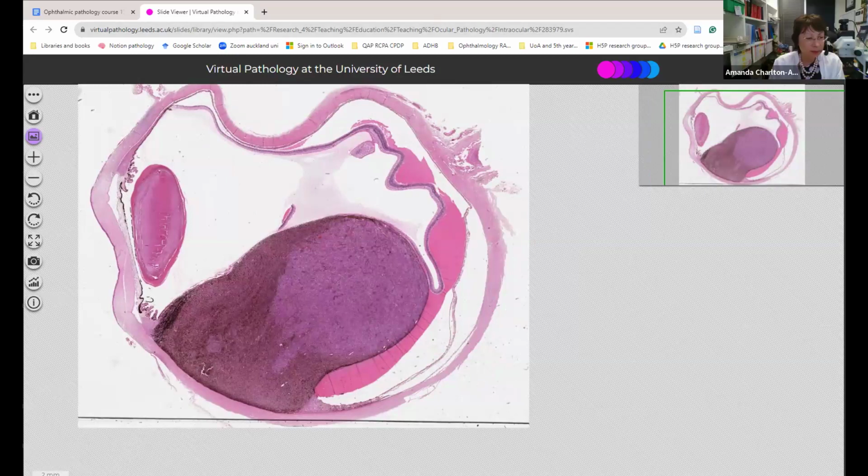See in the bottom left, there's a little scale bar. It says 2 millimeters. Yeah, 2, 4, 6, 8, 10. And in height it's going to be perhaps 14 or 15 millimeters, or more. And it invades the ciliary body. It does not invade the sclera. And then we've identified the normal tissues.